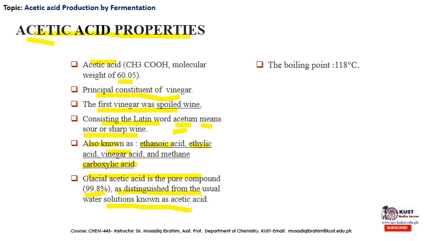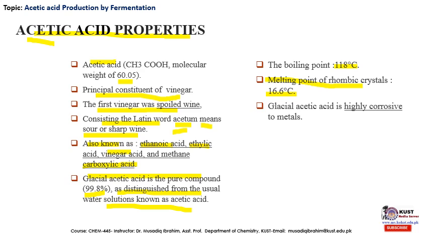The boiling point of acetic acid is 118 centigrade, and the melting point of rhombic crystals is 16.6 centigrade. The glacial acetic acid is highly corrosive to the metals, so it means that it can cause damage to the metals.